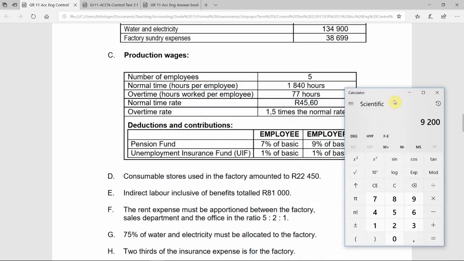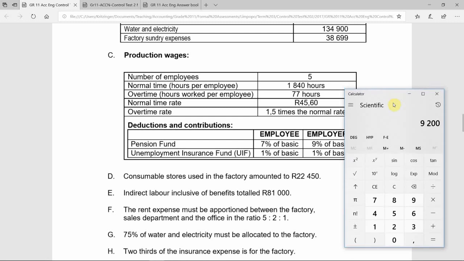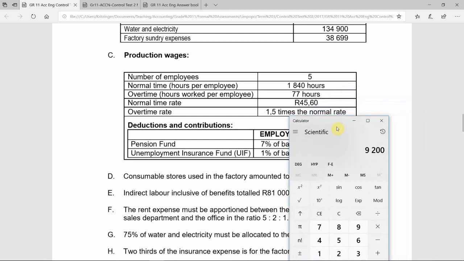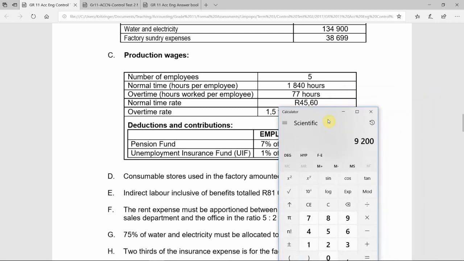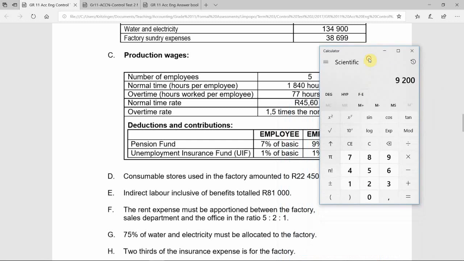And the rate is 45 Rand 60 per hour. So we have to multiply still by 45,60. So 419,520 Rand thus far. I'm just going to store this in memory for now.